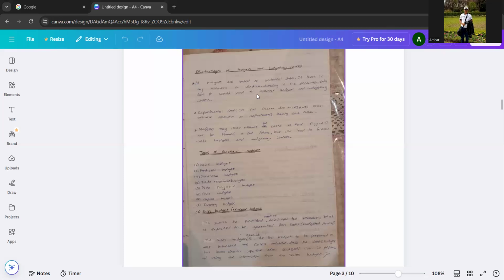We have to set a realistic target. Budgets means estimate, right? But that estimate also must be realistic. Did you understand that? Yes. Overestimate means, let's say last year's actual cost is 15,000, but then we are putting 20,000. So it's unfair, right? Yes, it's unfair.